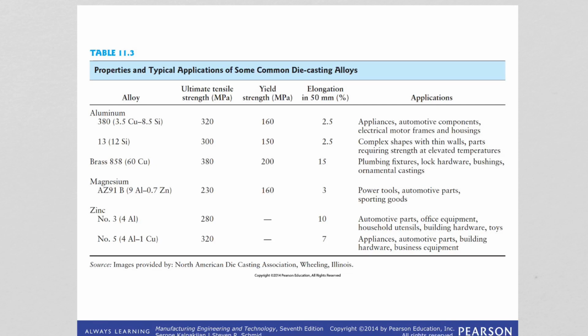In this table, we are seeing the properties and typical applications of die casting alloys like aluminum, brass, magnesium, and zinc, and some properties like tensile strength, yield strength, and elongation, so ductility.